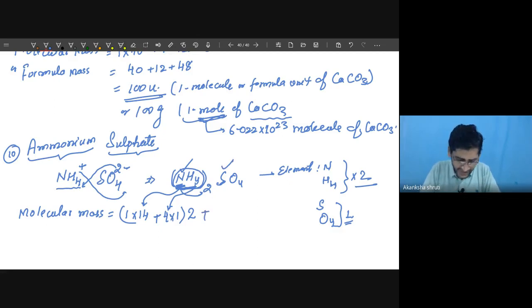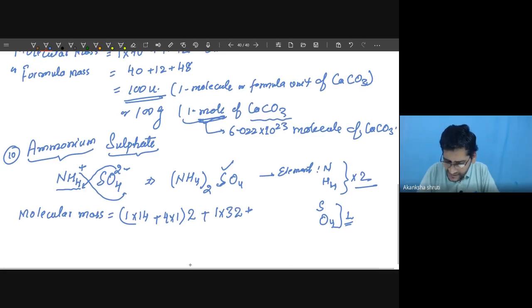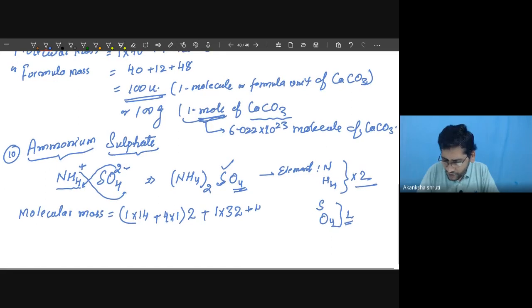And sulfur, now this sulfur is present only one time, so we can put 1. And for this sulfur, what is the mass? Mass is 32. For oxygen, it is 4 atoms into 16. So you have to add this.